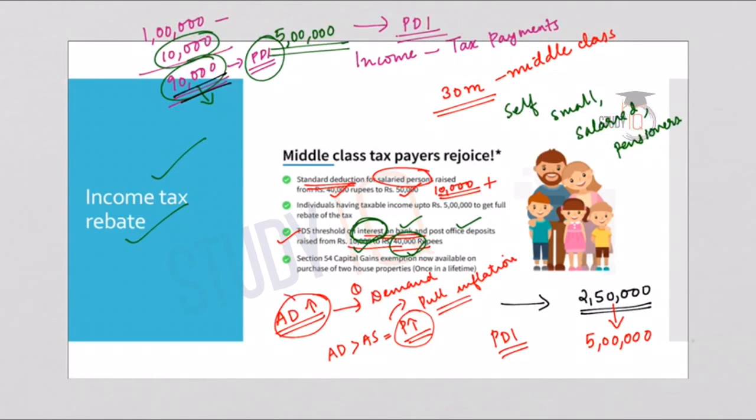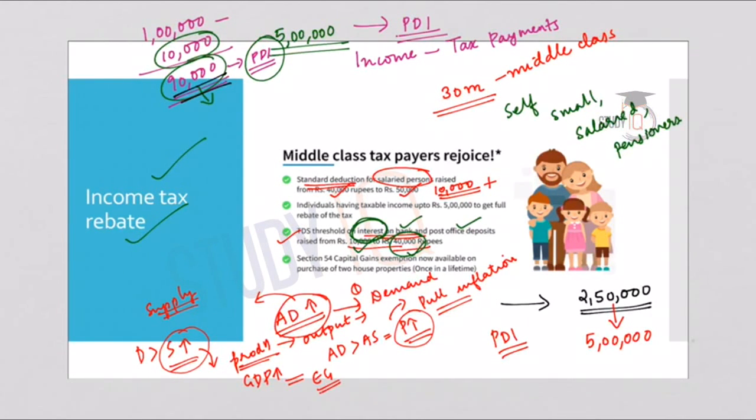And the second impact is that in order to meet the increased aggregate demand, the supply in the economy will increase. So when demand increases, supply also has to increase to meet the new demand. So it essentially means that production has increased, and when production increases, the output increases. This leads to an increase in the GDP and therefore it leads to economic growth.